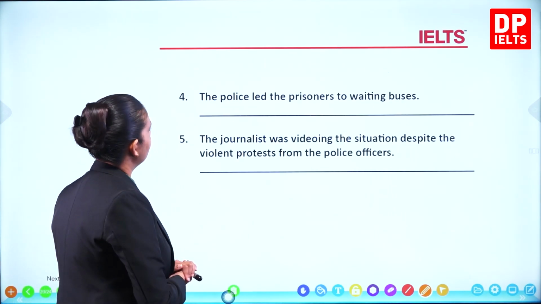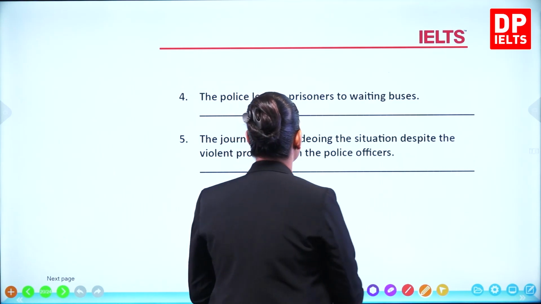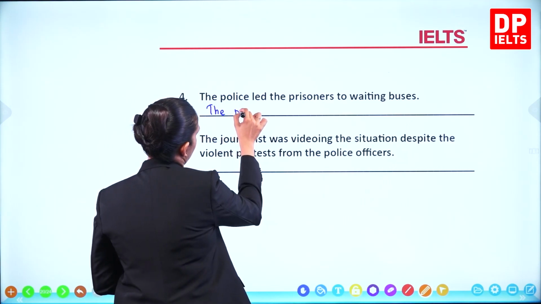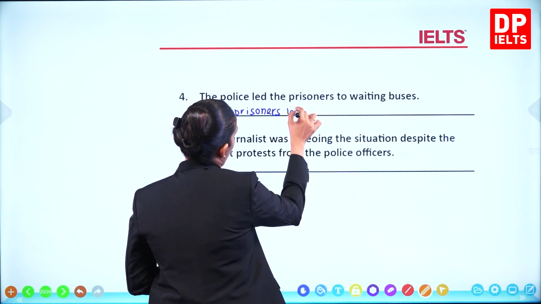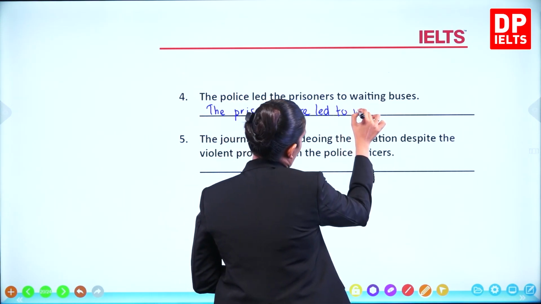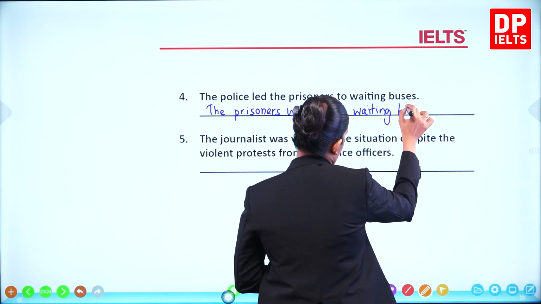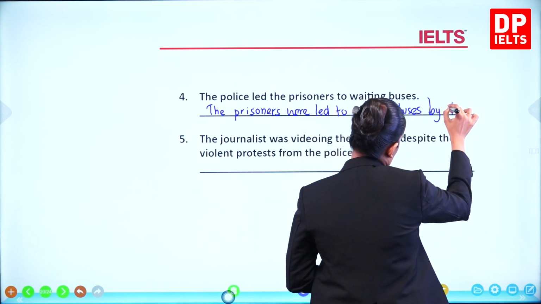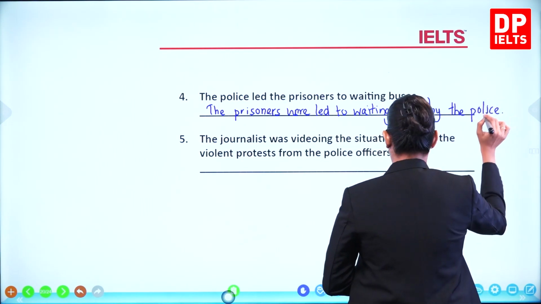The next one. The police led the prisoners to the waiting buses, right? The prisoners were led to waiting buses by the police, right?